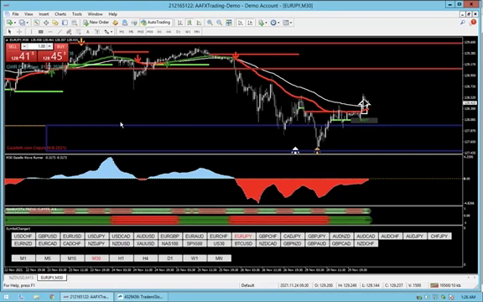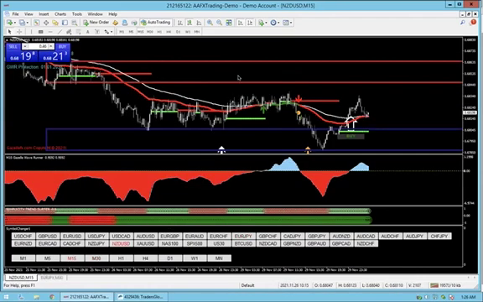So let's go to NZD USD on the 15-minute. And what do we see? See a daily arrow. We see a 4-hour arrow. And we see things taking shape for a nice 415.